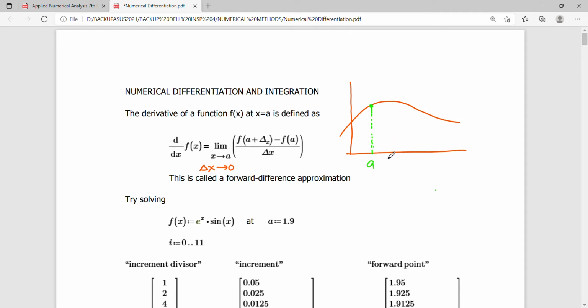Then I will consider now maybe a positive delta x or a negative delta x somewhere here. Okay, so if I assume that this is now my other point defined by this increment, let's say delta x. As delta x approaches 0, your x value at that point becomes a. Okay, so x at that point will approach the value of a as delta x approaches 0.